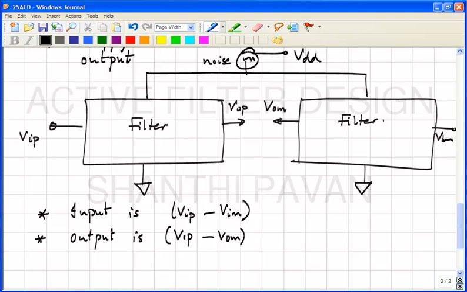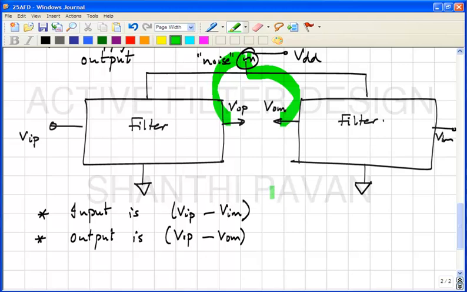Now what is the advantage of doing this? Because these two filters are identical, the transfer function from this noise source to this output and the noise source to this output must be the same as long as the two halves are identical, correct. So when you take the difference, the noise component goes away completely. Does it make sense?